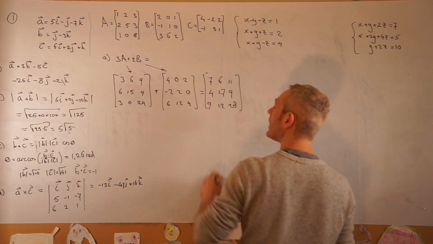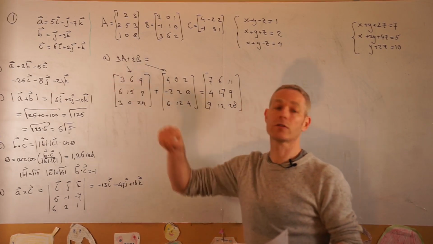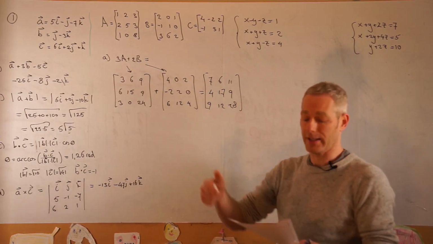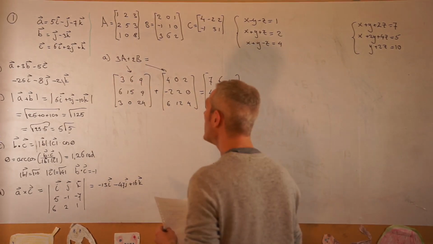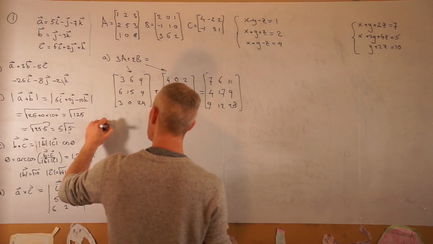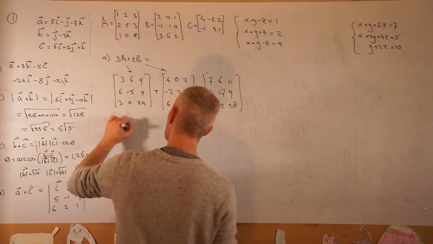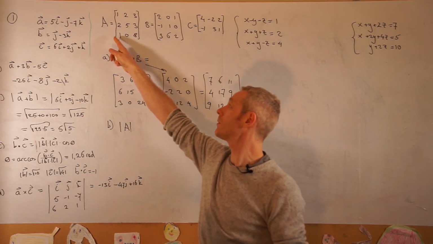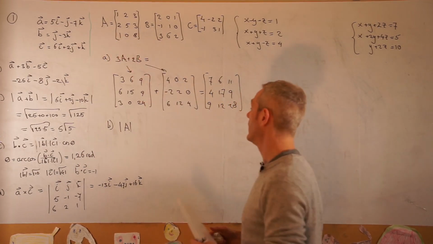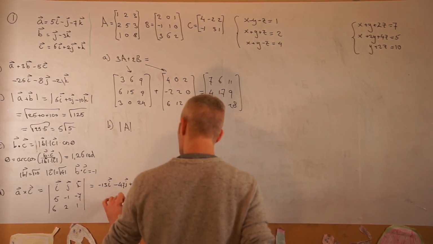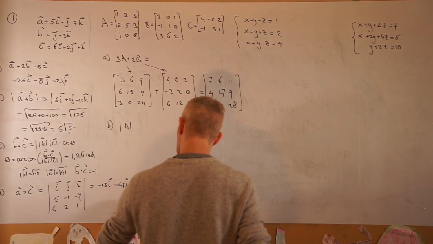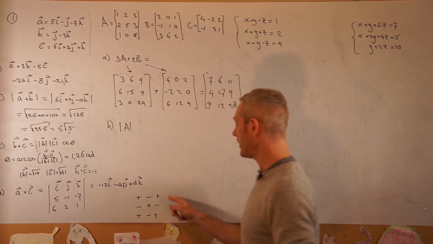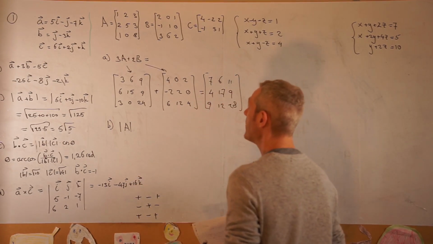And should I have made a mistake in either of those coefficients, then the idea is the same. Part b is calculating the determinant of A. Now I have a 0 here, so I'm going to expand it along the third row, keeping in mind the pluses and minuses of the determinant. You can always write that down somewhere as well.